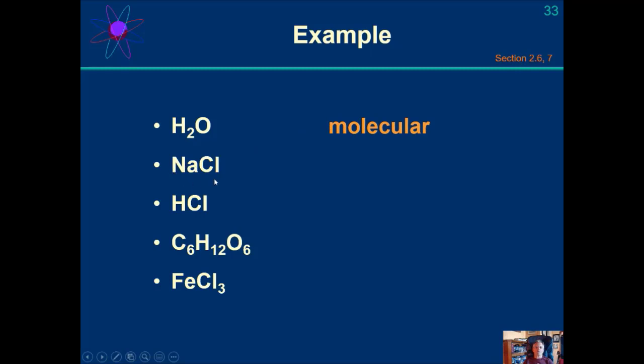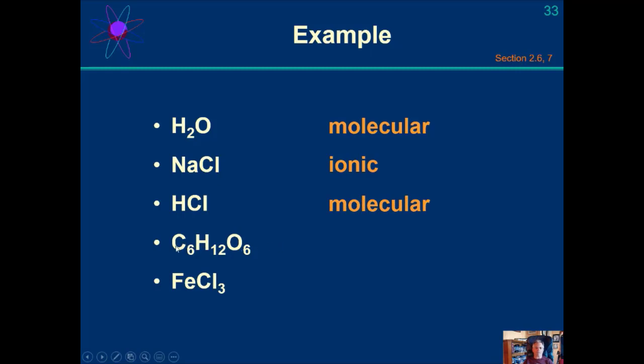This is sodium chloride, and sodium chloride is made up of sodium and chlorine. Sodium's a metal, chlorine is a nonmetal, and so this is going to be an ionic compound. This is hydrogen, a nonmetal, chlorine, a nonmetal, so this would be a molecular compound. I think you're getting it.